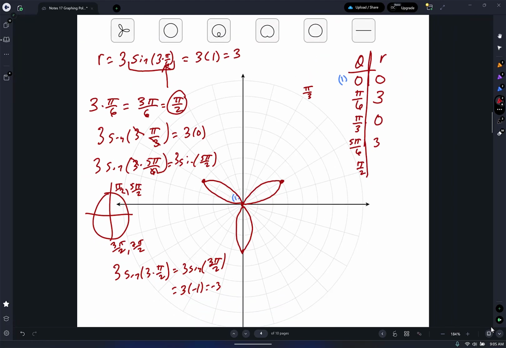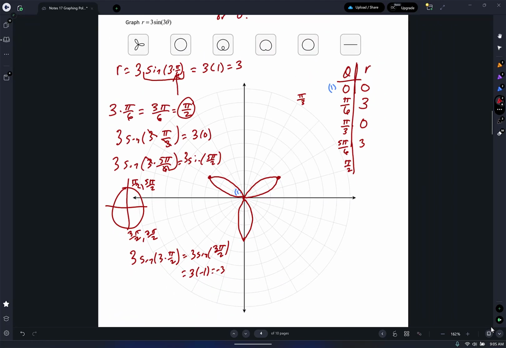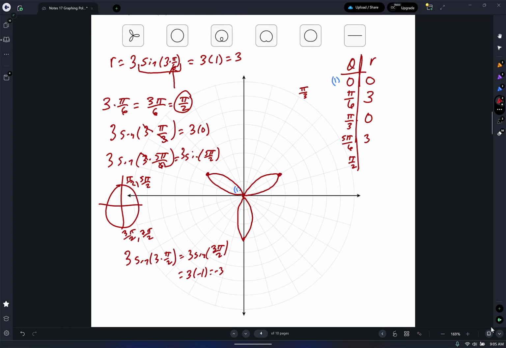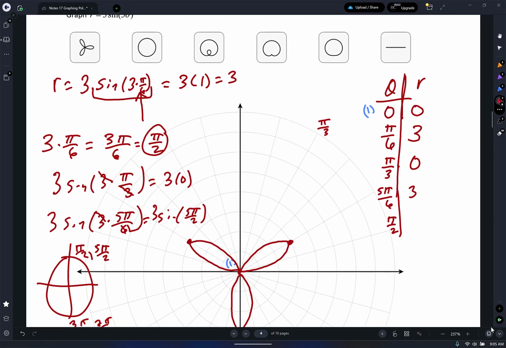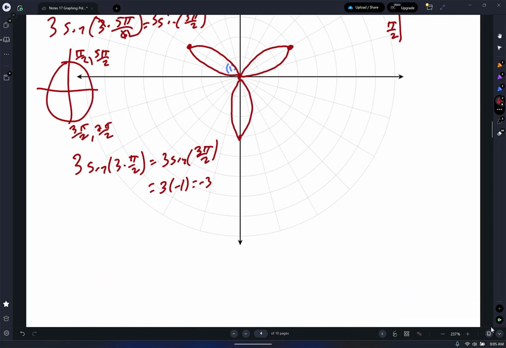All right, I know. Let me give you the hack, besides the calculator hack, how to do it without a calculator in case you're going to take the AP exam. All right, if you have something that looks like this, r equals a cosine n theta, or r equals a sine n theta, where n is an integer, like 1, 2, 3, it's a rose.